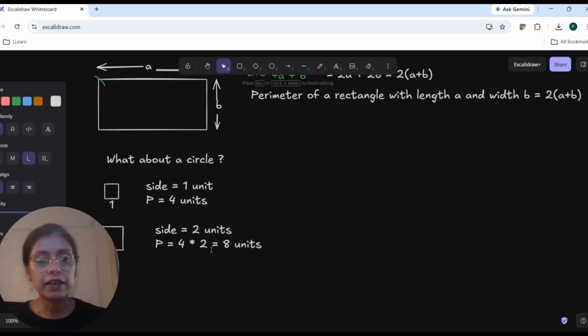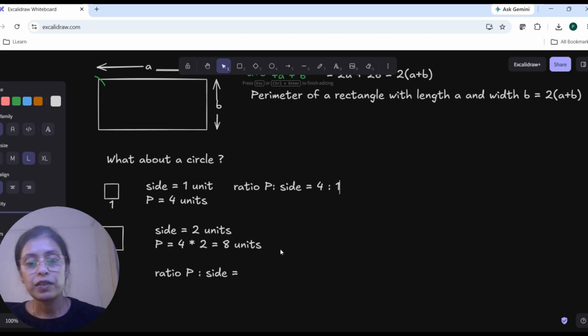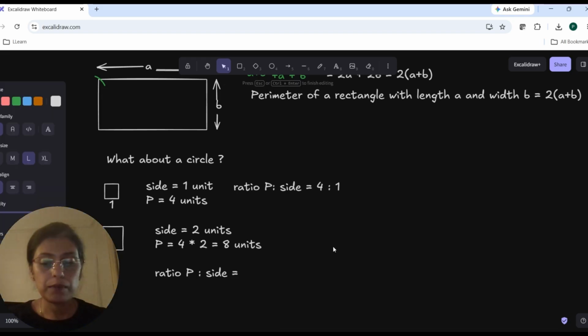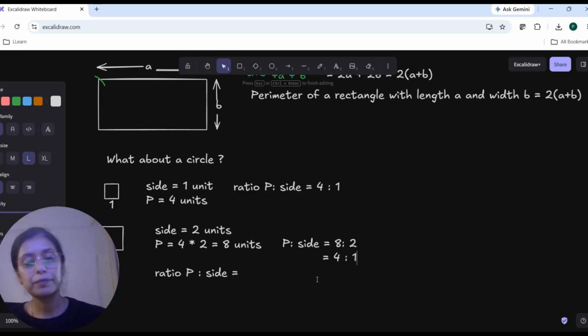So when you see here, the ratio of perimeter to side is 4:1. Here, the perimeter to side ratio is 8:2, and if you simplify it, it becomes 4:1.